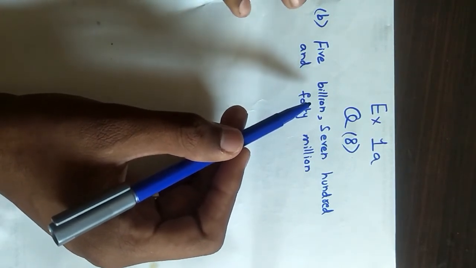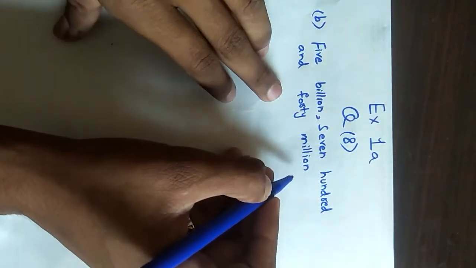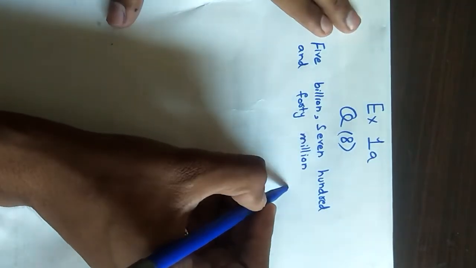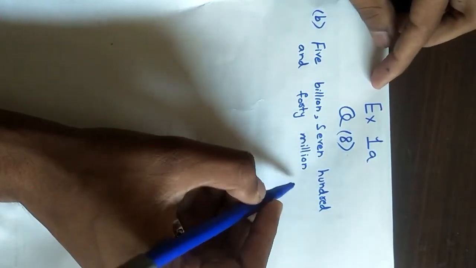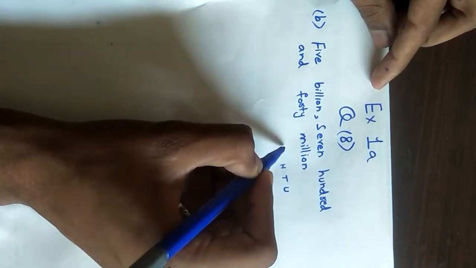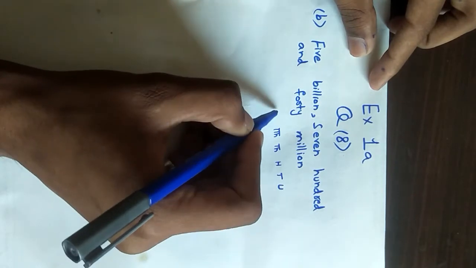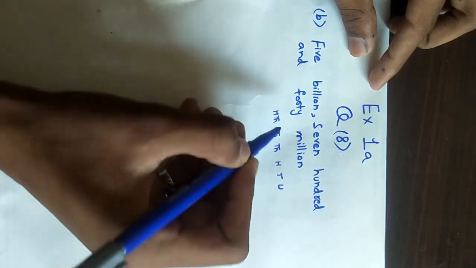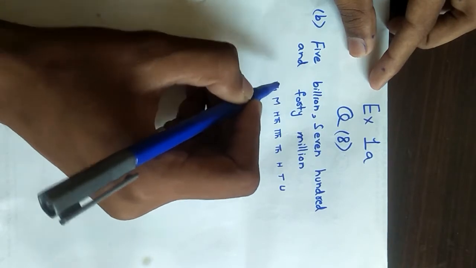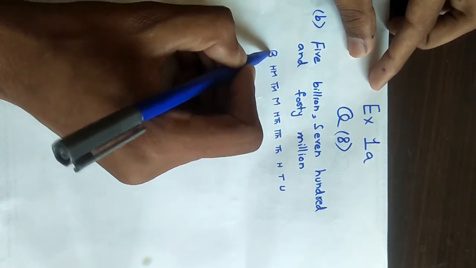And here is an easy method to write this number. First of all, you have to make a chart according to the International System of Numbers: units, then tens, hundreds, thousands, 10,000s, 100,000s, million, 10 million, 100 million, and then billion.